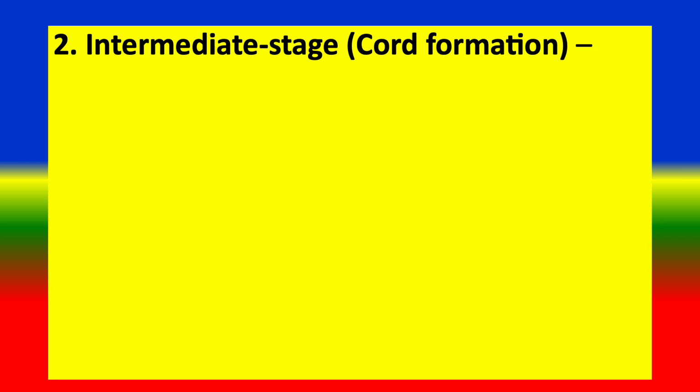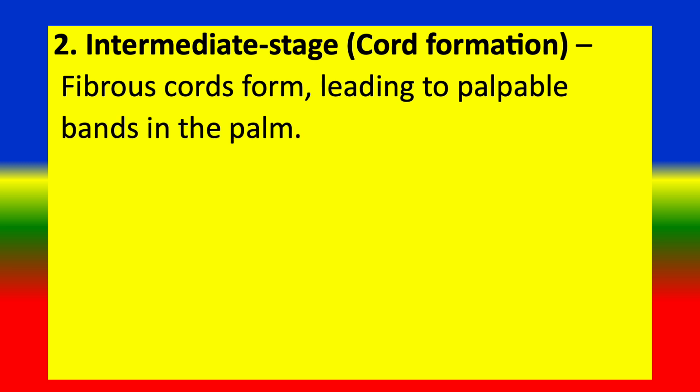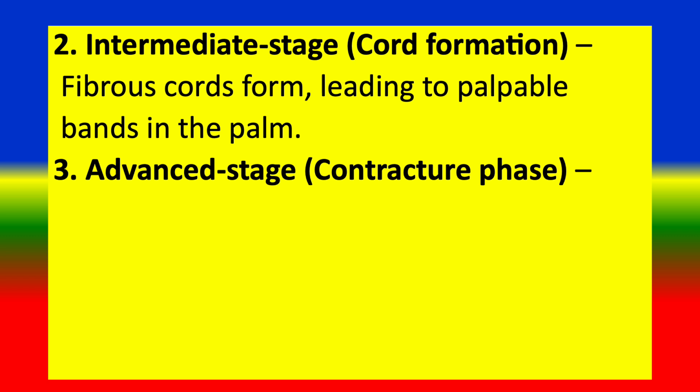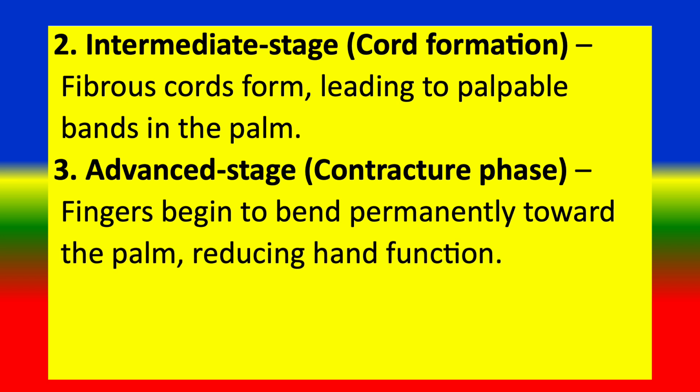Intermediate stage, cord formation: fibrous cords form, leading to palpable bands in the palm. 3. Advanced stage, contracture phase: fingers begin to bend permanently towards the palm, reducing hand function.